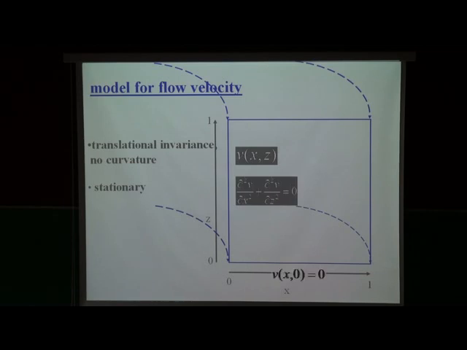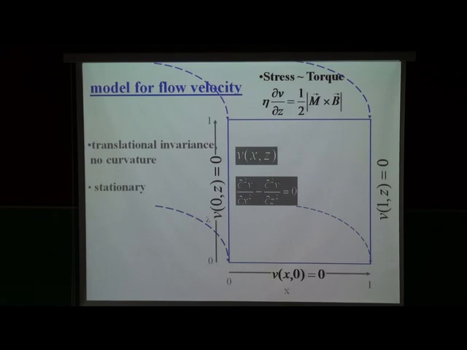Then we assume that the velocity at the bottom is 0, and also the velocity at the side walls is 0. And on top of this channel, we have magnetic stress, which is driving the torque, which is driving the flow.